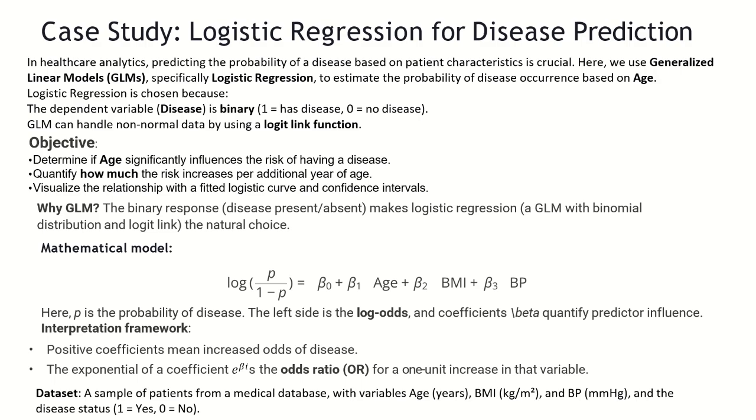The mathematical model that we are using in this disease prediction is log of p over 1 minus p equals beta naught plus beta 1 times age plus beta 2 times BMI plus beta 3 times blood pressure. The exponential coefficients, e to the power beta i, are the odds ratios for a 1 unit increase in that variable.